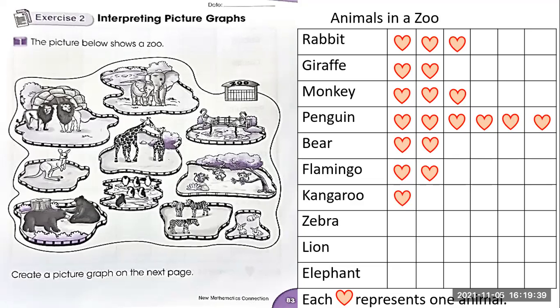Zebra, 3 zebras, so we need to draw 3 hearts. Lions, how many lions? 2, so we need to draw 2 hearts. Elephants, how many elephants are there? There are 2 elephants, so we will just draw 2 hearts.